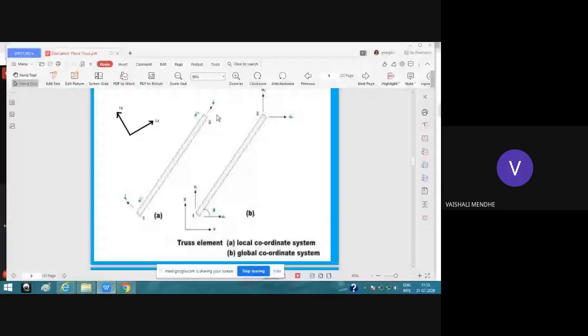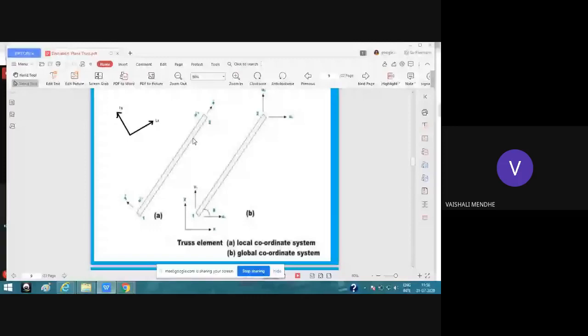Your local x-axis will always be from the starting to the ending node of the member. This will be positive x dash, and y dash will be perpendicular to x dash. So this becomes the local coordinate system for this inclined member.